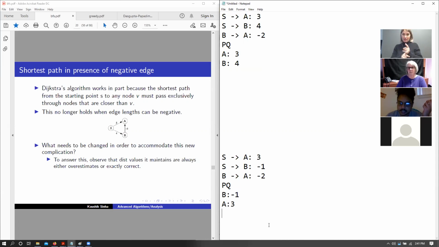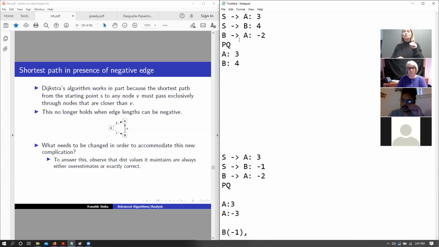So I am going to choose B with a value of -1 here, and then I'm going to expand from B to get a new value for A. A has a value of -2, so -1 plus -2, I get A with a value of -3. Now, I am allowed to add this particular vertex to my priority queue because A has not been explored yet. A is in the priority queue, but we have not explored A yet, right?